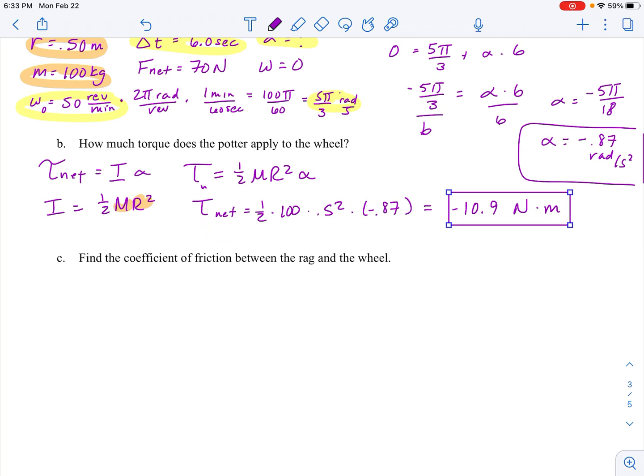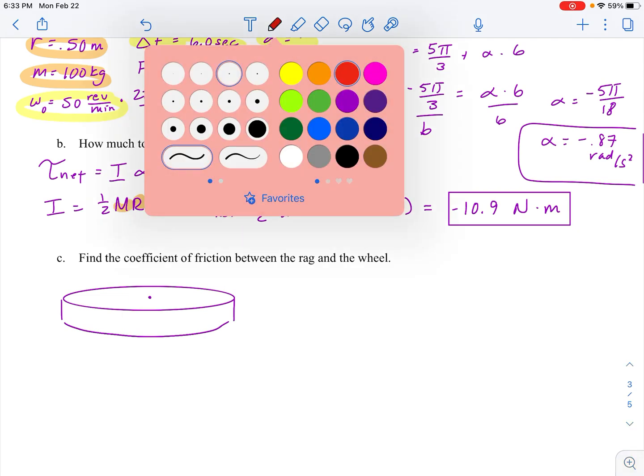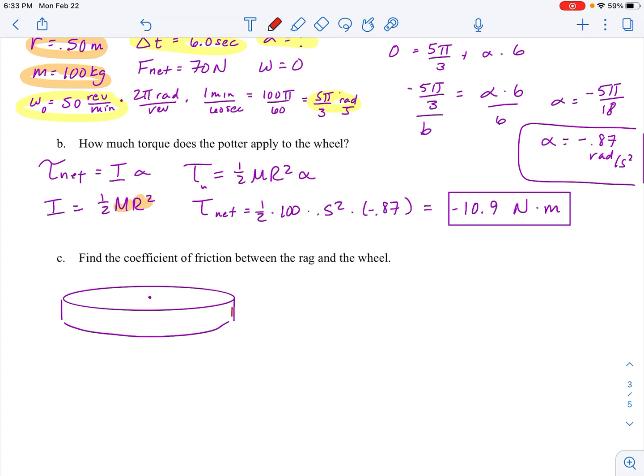Okay, finally, find the coefficient of friction between the rag and the wheel. I'm going to make a sketch here. What's happening here is that the person is pushing inward like this.